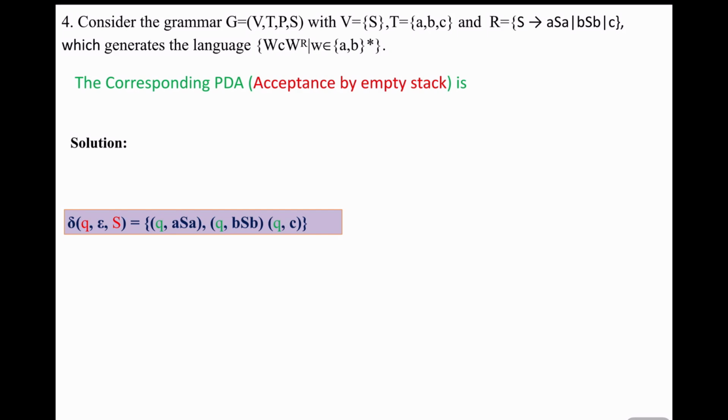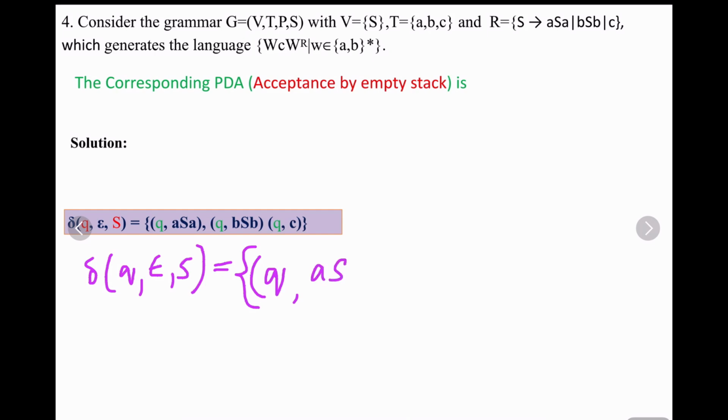In this case, directly you write delta of q, epsilon, S. S is the start symbol. For the productions of S, you stay in the same state. What are the productions given for S?